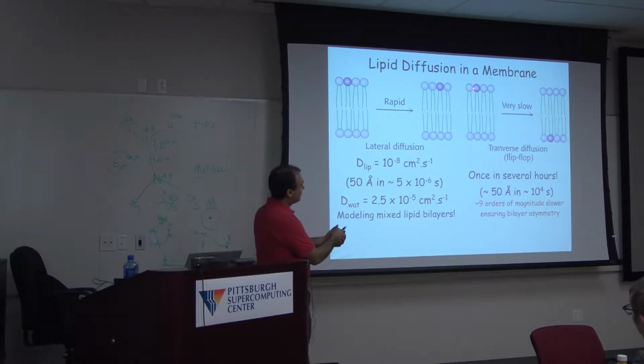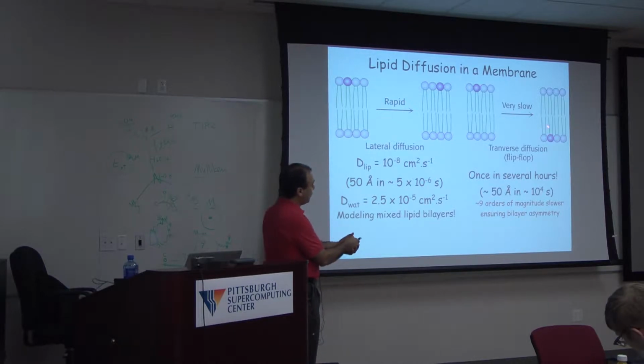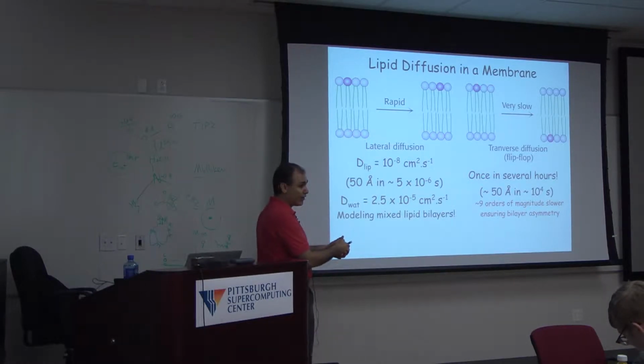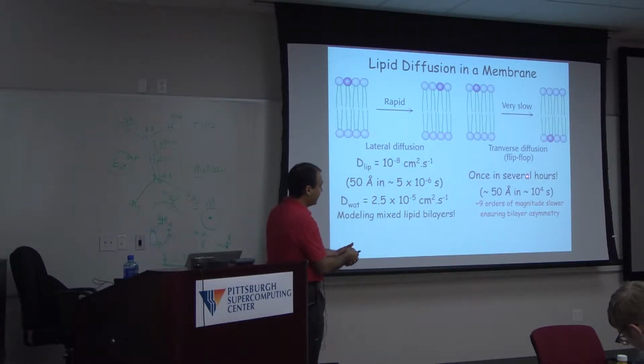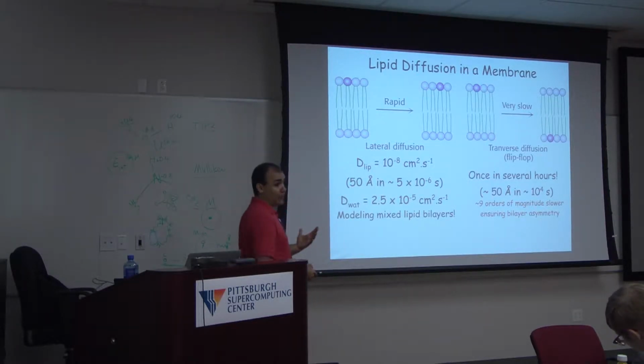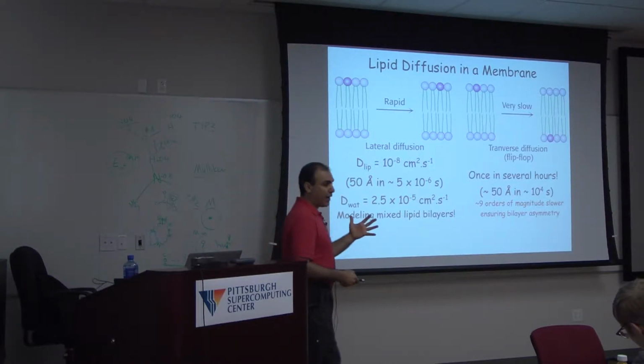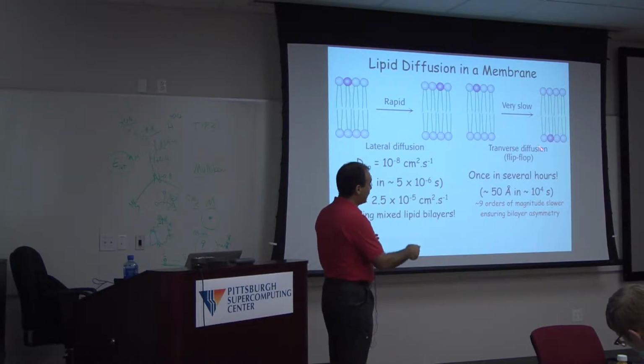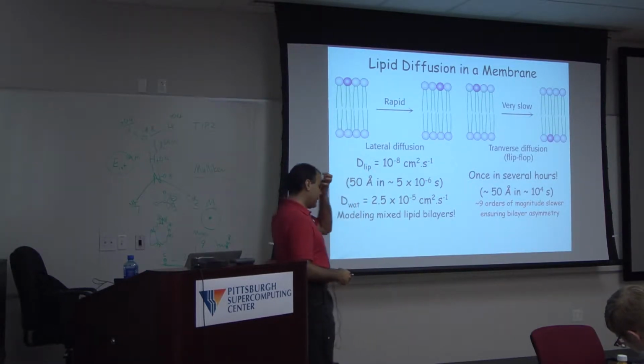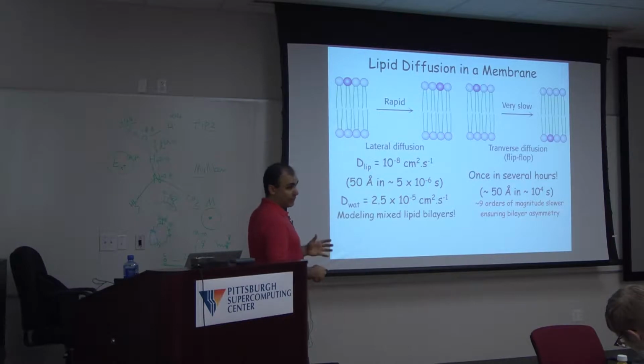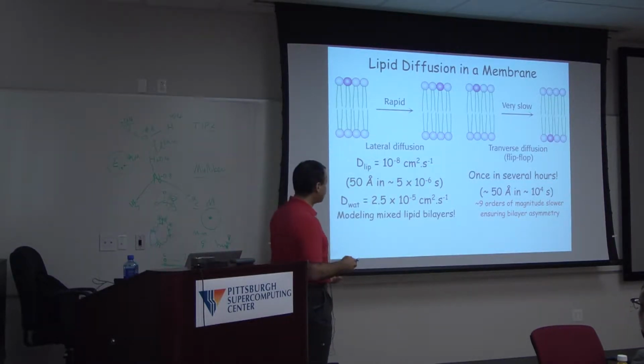And then you have flip-flop motion of lipids going from one leaflet to another, described as a very slow process, essentially not happening, because you have, on average, one happening every several hours. So unless you have an enzyme that does this for you, you don't have flip-flop motion of lipids on a biologically relevant time scale.